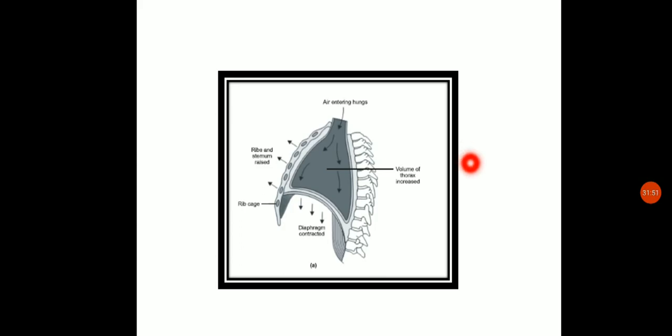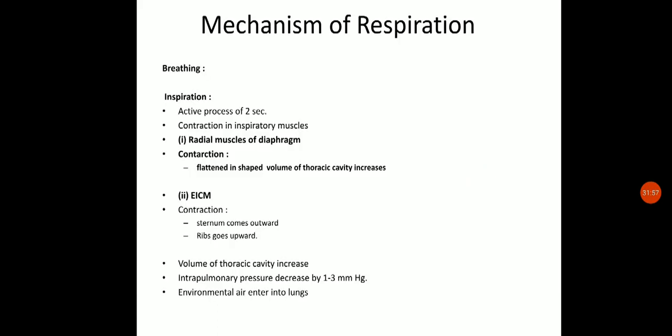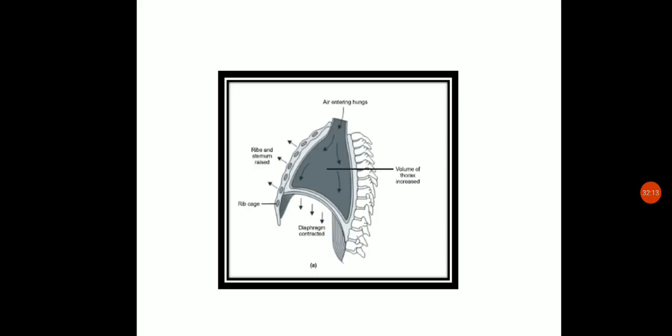Now, during inspiration, basically what happens? Inspiration is an active process of around 2 seconds, in which fresh air is taken inside. It is an active process, meaning it requires energy. Now what will happen during inhalation?